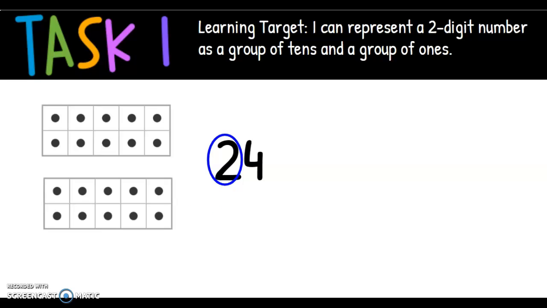Another 10 frame. Now we have 2 10 frames, and we have how many dots? 20 dots. But does 20 dots represent the number 24? Are they the same thing?